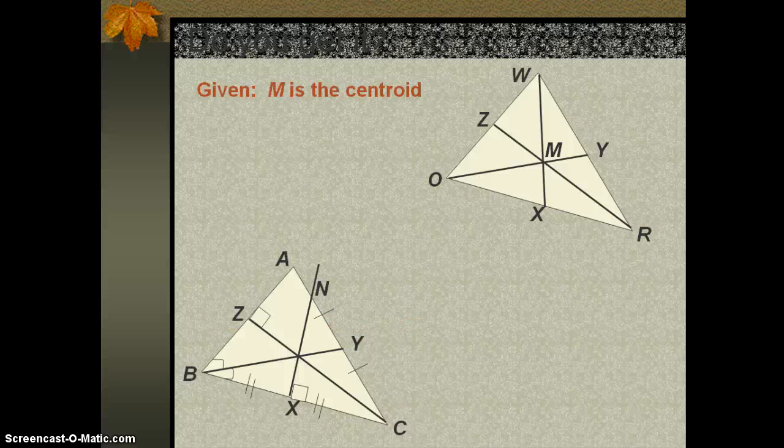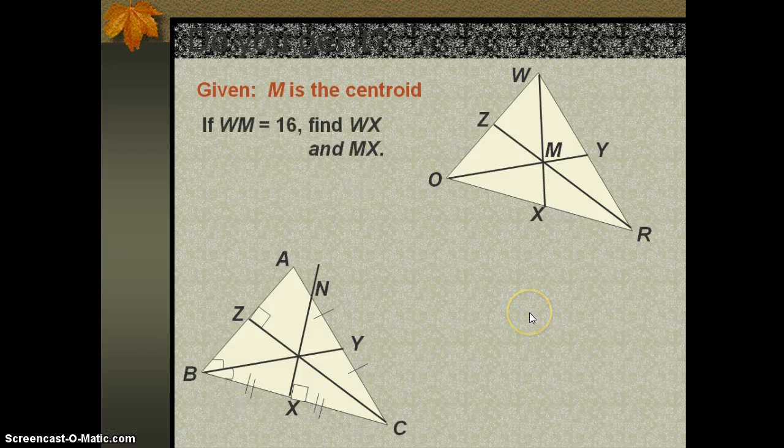More examples. Given that M is the centroid, meaning that it's where all the medians are meeting, we're going to find WX and MX given that WM is 16. So remember, the centroid is where you use that 2/3 property. So WM is actually 2/3 of WX, the whole line segment.